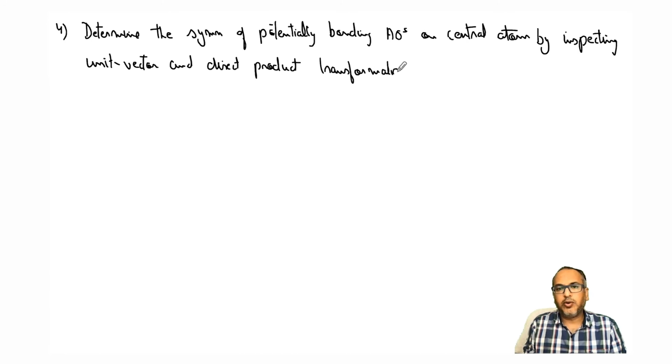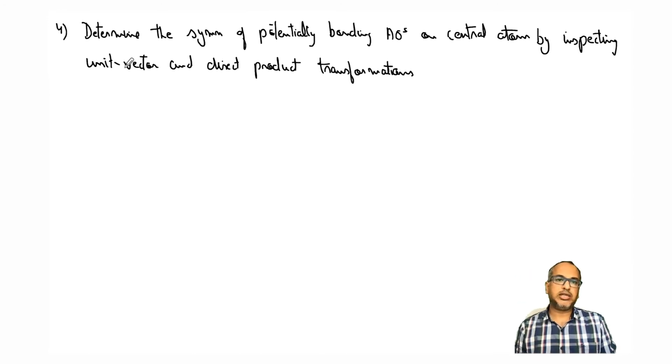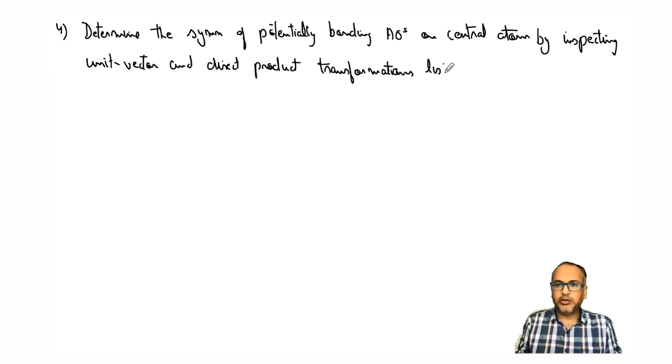For example, if you are looking at the symmetry of the px orbital, then you have to see the symmetry of the x unit vector transformation. And if you are looking for a d orbital symmetry, the corresponding direct product of xy has to be taken into consideration, right? This is, of course, listed in the character table, so you have to look at it.